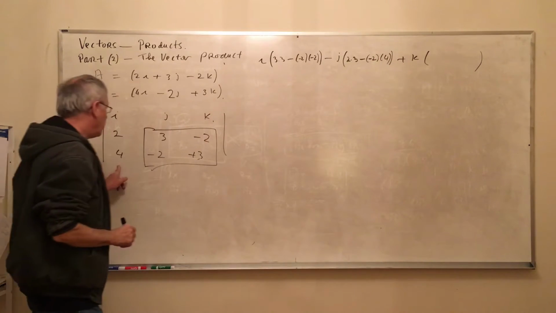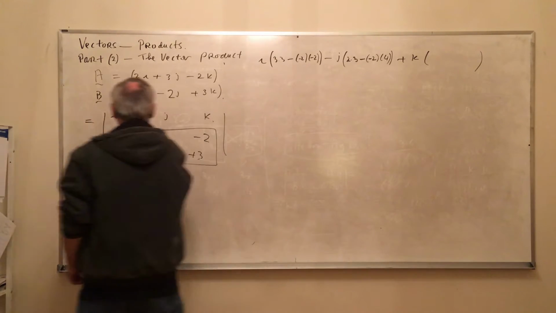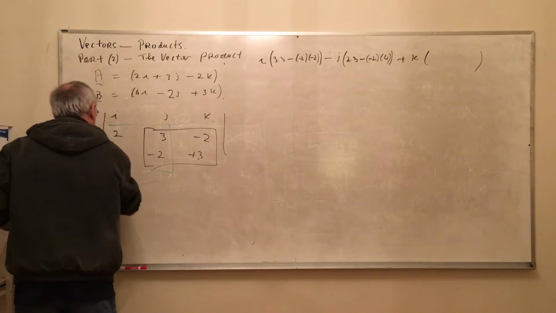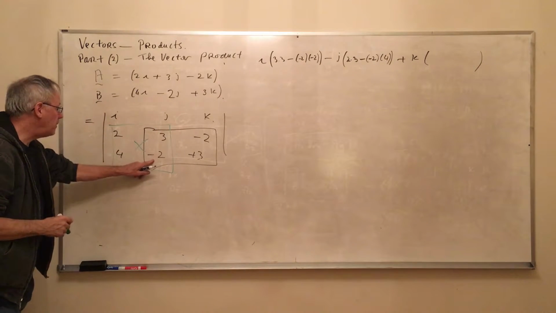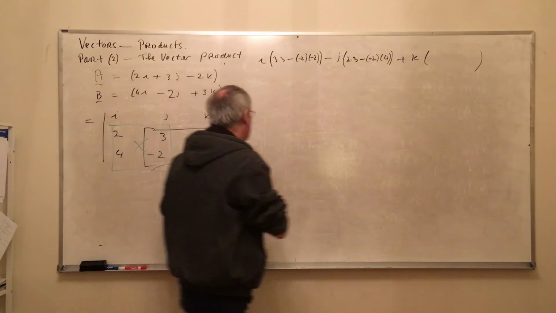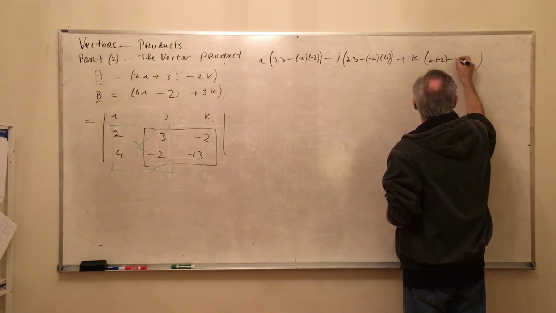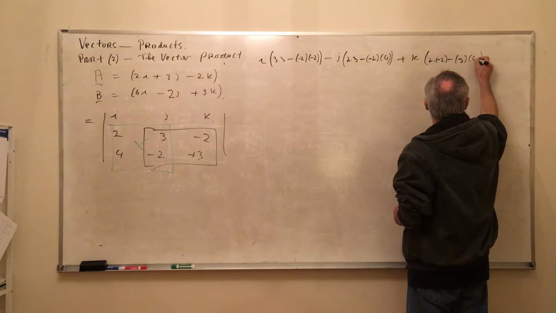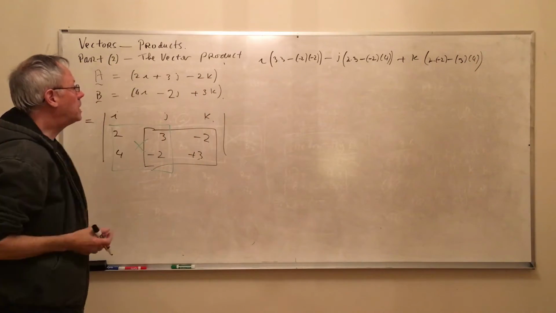Negative 2 times 4. And the K one, the K gives me this one. 2 times negative 2 minus 3 times 4. Now, at home, if you think I make a mistake, you can see if you can spot it.